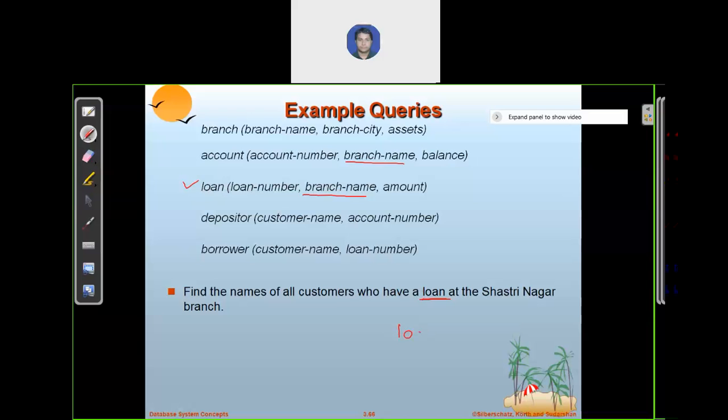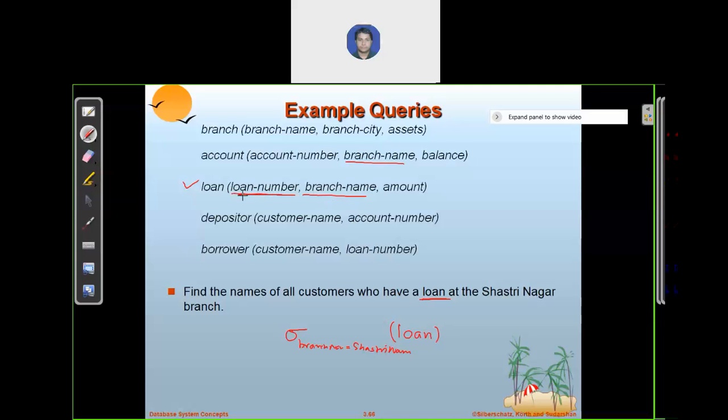So write loan, and branch should be Shastri Nagar. So you will apply the selection operator, and you will write branch name equals Shastri Nagar. This operation will return you all the loan numbers whose account is at Shastri Nagar.